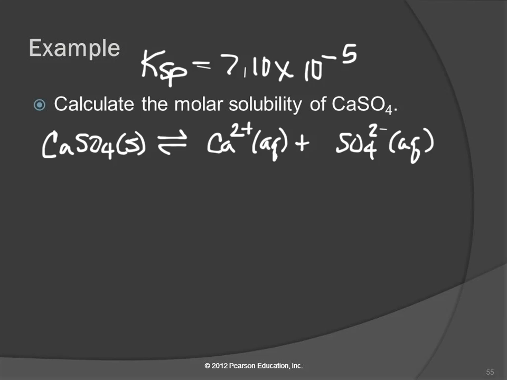From the formula we see that there's 1 calcium ion for every 1 sulfate ion, and so in our equation here we've got 1 calcium ion and 1 sulfate ion, and this equation is balanced. Ksp then is going to equal the concentration of the calcium ion times the concentration of the sulfate ion.